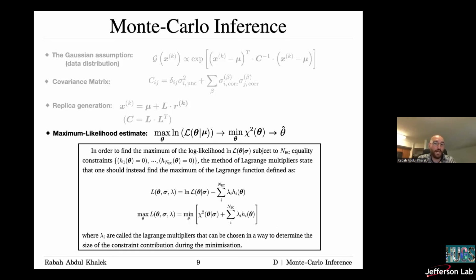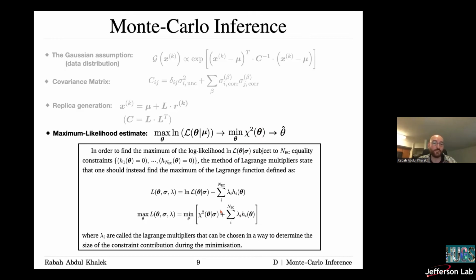And finally, you can also add constraints into your minimization problem or your maximization. So maximizing the likelihood is exactly the same as minimizing the chi-square that you all know, the figure of merit. So by adding an extra factor to your chi-squared, which takes the form of that, called a Lagrange multiplier, you can constrain your neural network to behave in a certain way.